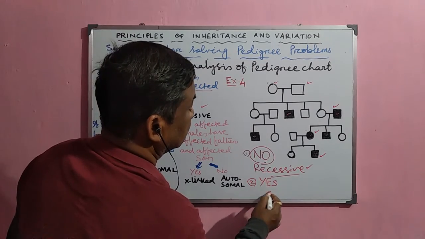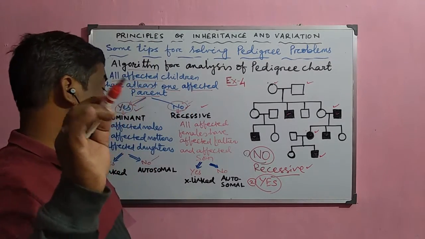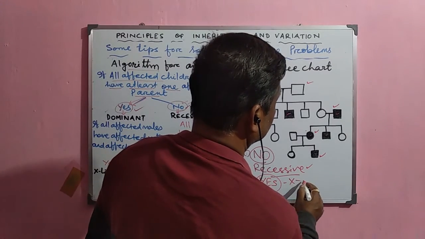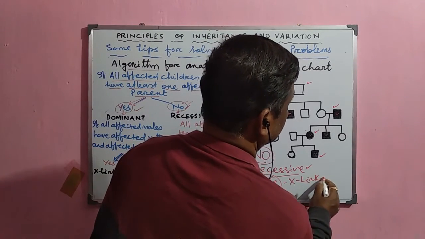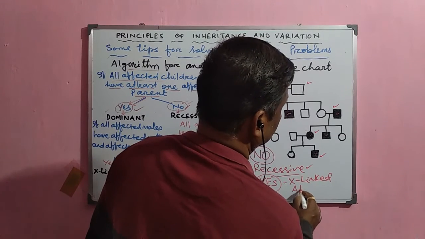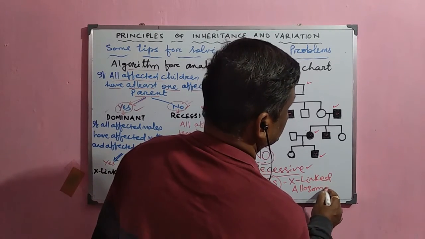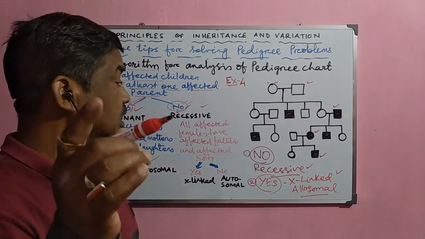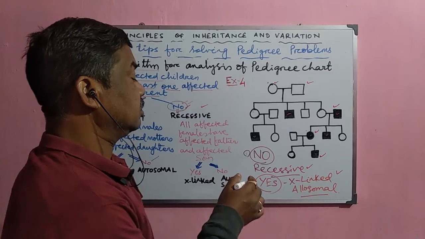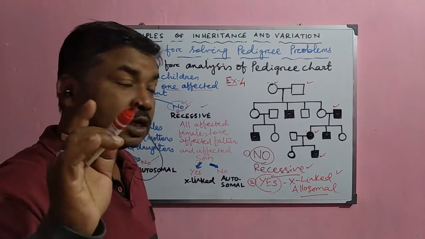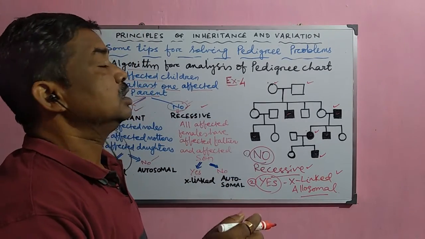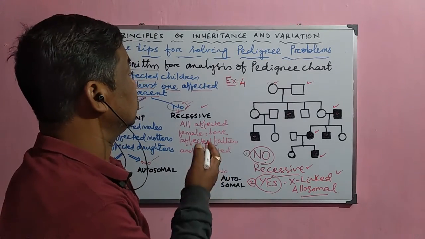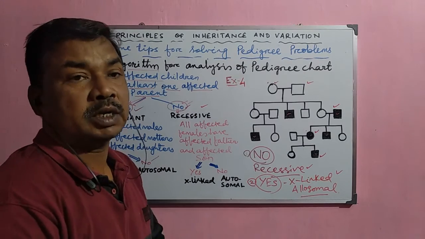So when it is yes, that means it is a case of sex link, that means allosomal, an X-linked disorder. So if we find a pedigree chart like this, then it is a case of allosomal or X-linked recessive. For example, hemophilia or color blindness are the diseases which commonly follow this pattern of pedigree.